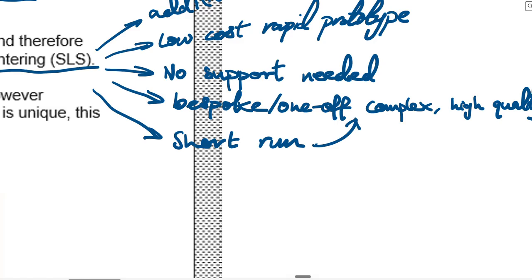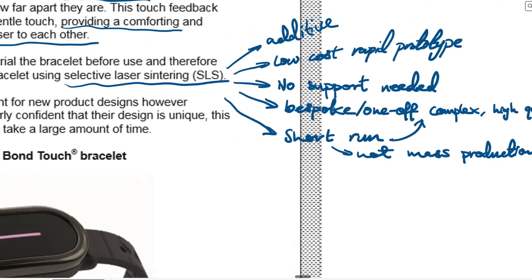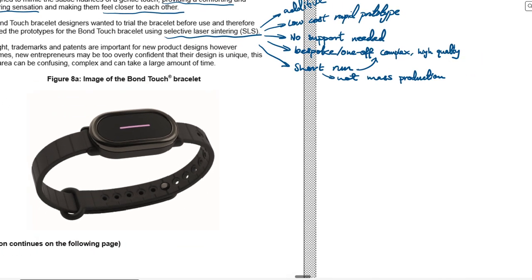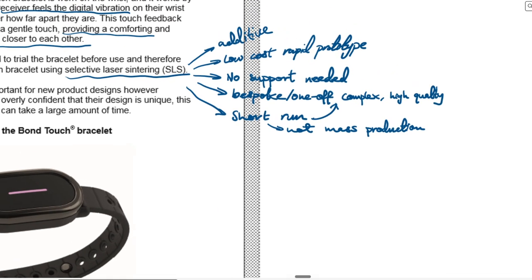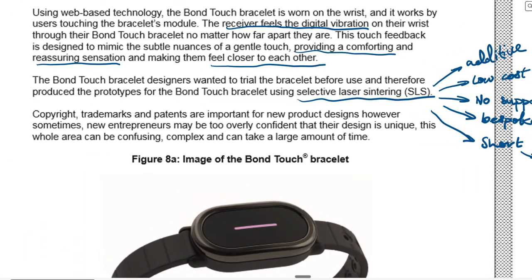So this is sort of linked to this. Short run, not mass. You wouldn't use SLS for mass production unless you had to do something like mass customization, or it's the most efficient way of producing your product, then you would use it. But this looks like you could use injection molding or something of the sort.